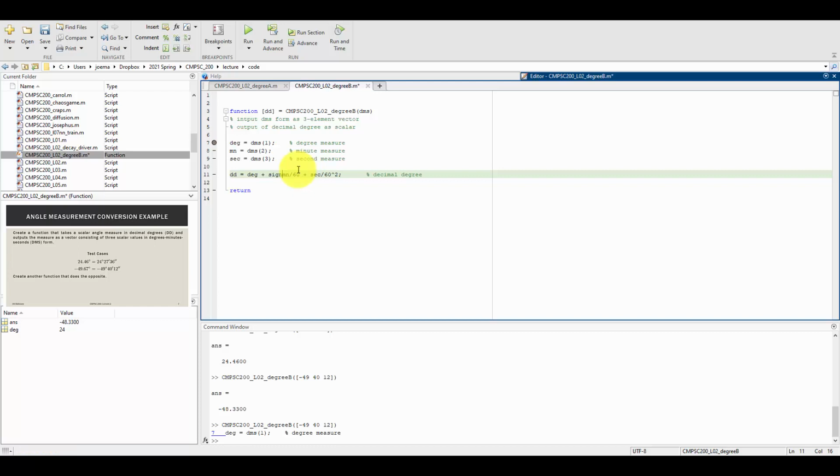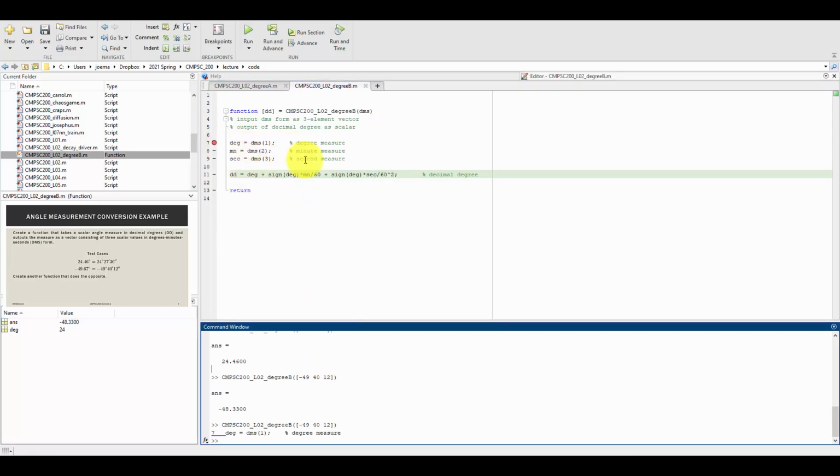What I could do is use this SIGN function on degree, and we'll see what this does in a second. So this will actually fix my problem, I think. Let's step through again. Let me call this.